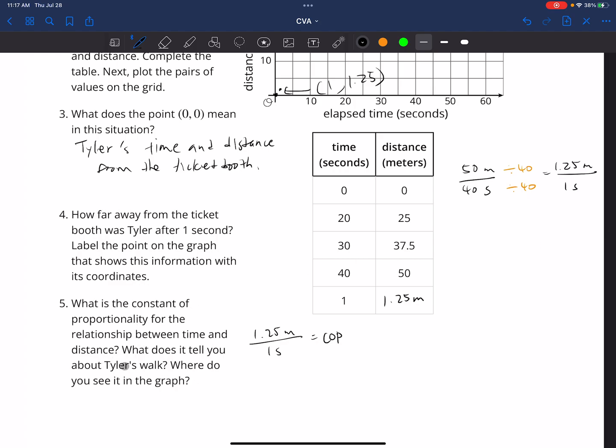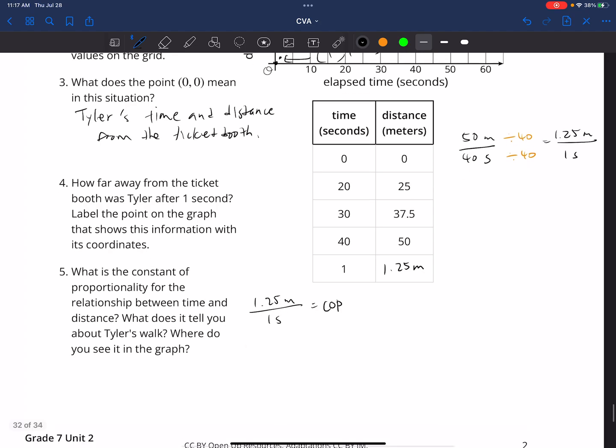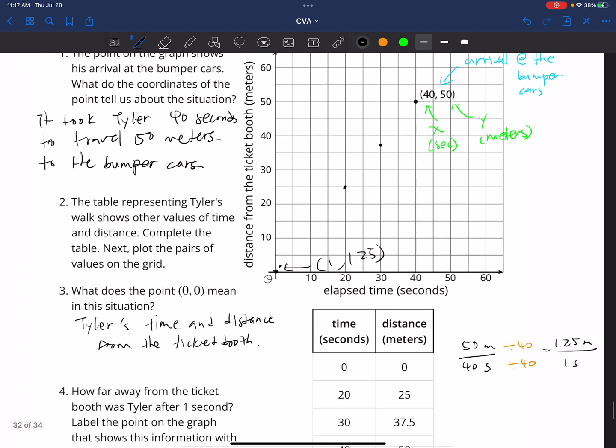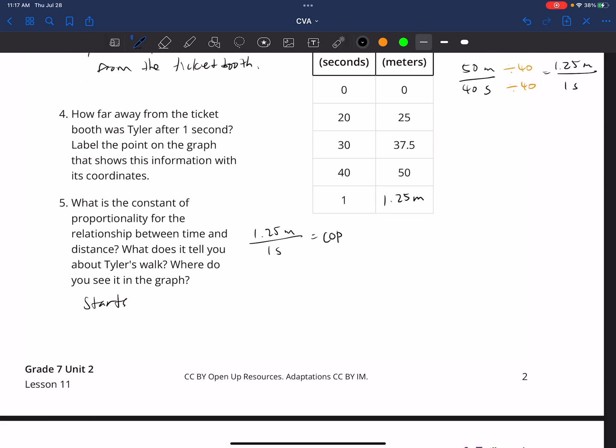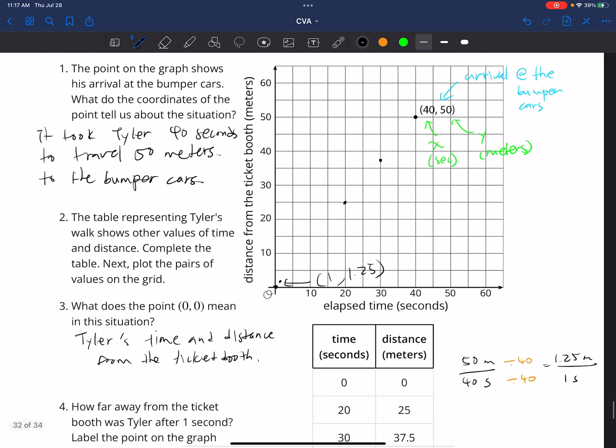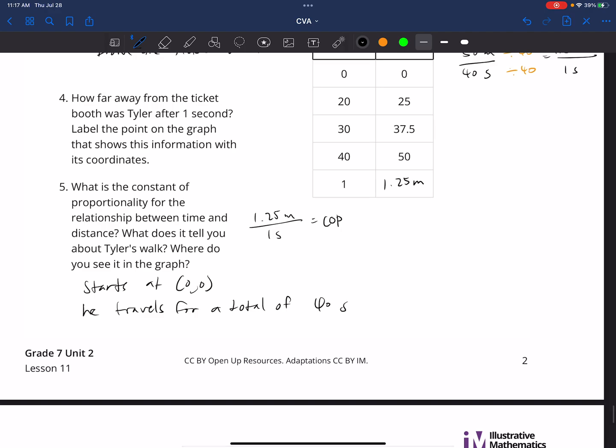What does it tell you about Tyler's walk? Where do you see it on the graph? So Tyler's walk just starts right at 0, 0, and he travels for a total of 40 seconds, and he traveled the distance of 50 meters.